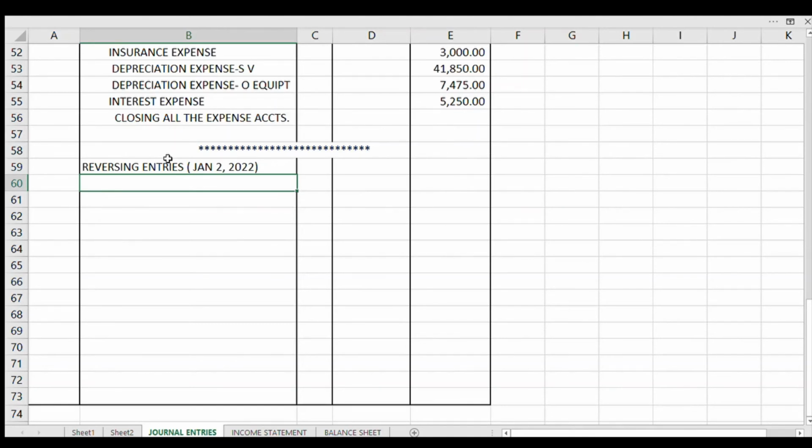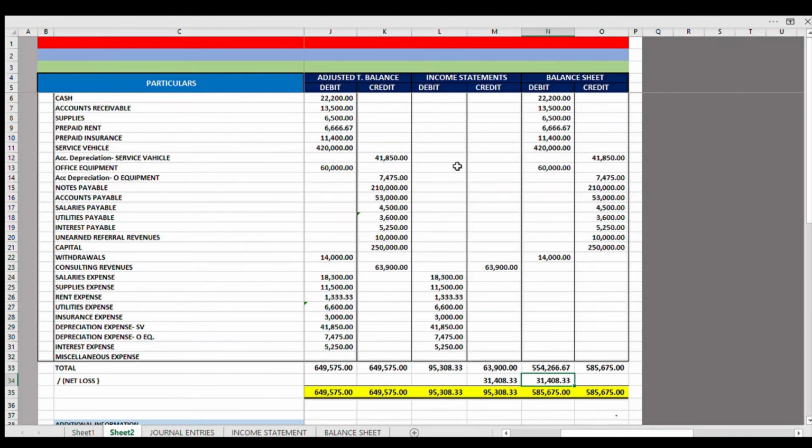But, okay, let me just clarify, with the samples that we had, we use what we call the asset method in this particular example.